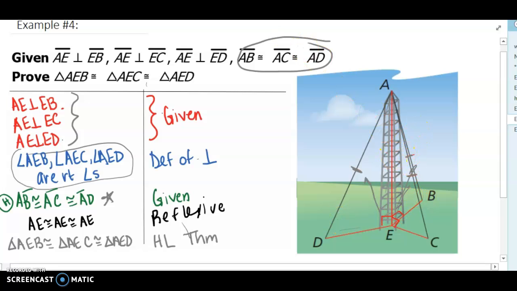Notice, guys, they all share AE. This is a side of each of those three triangles, so I can just say, since there's three triangles, I put AE is congruent to AE is congruent to AE. Usually when there's two, it's just AE is congruent to AE, but that's the reflexive property. Now, by the hypotenuse leg theorem, we can say that each of these three triangles are congruent.